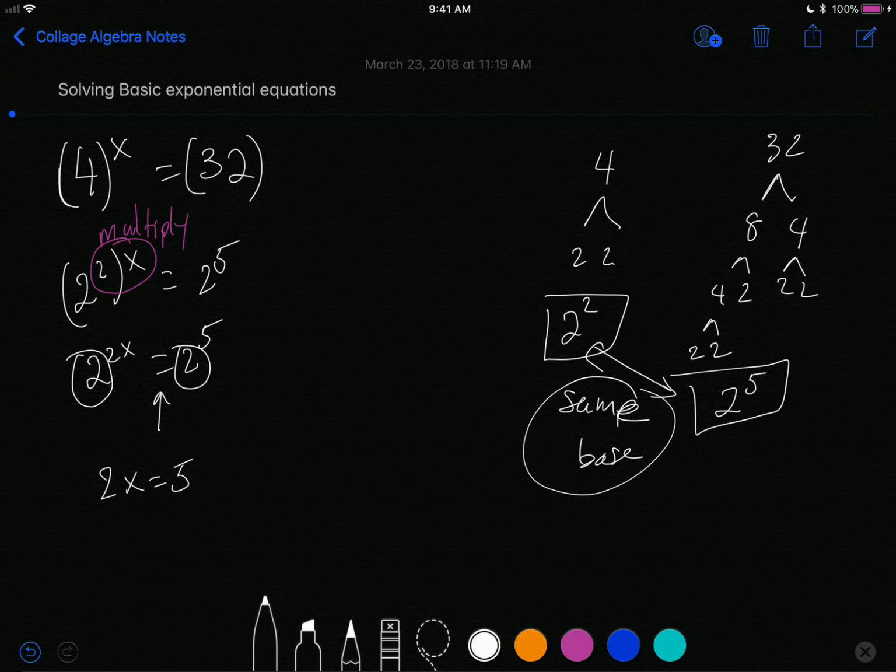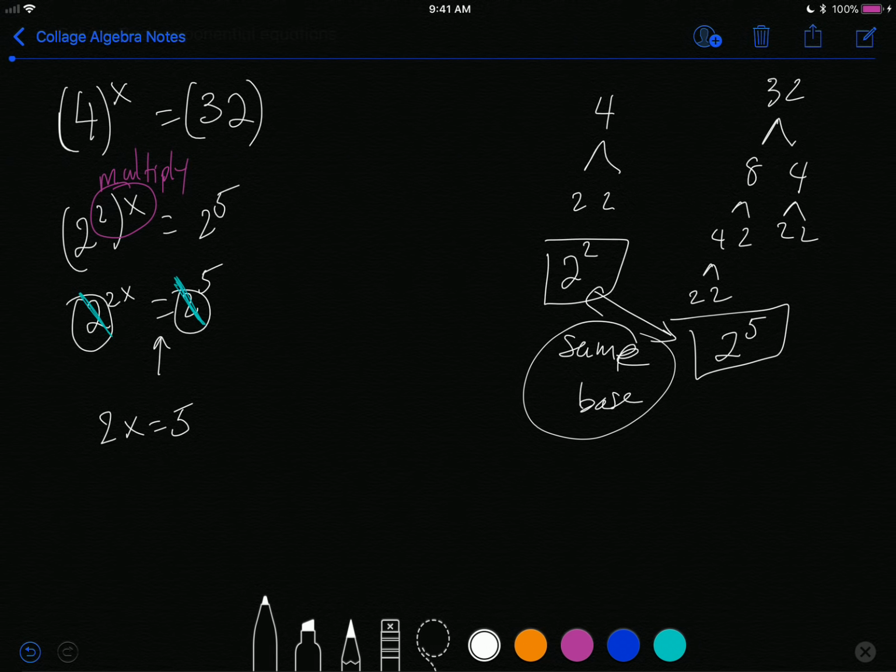What in effect we are doing is simply canceling the bases. When I cancel the base, this leads me to a regular equation. I can divide, and so I will get that x is equal to 5 halves. And that's the solution to my first equation.